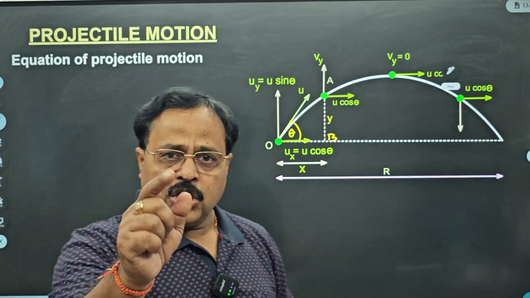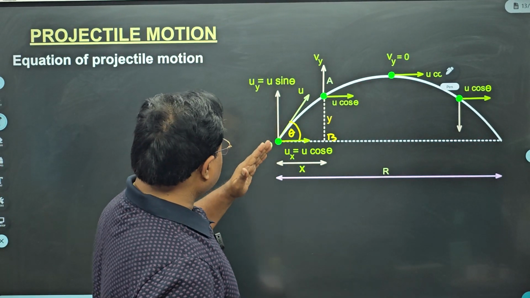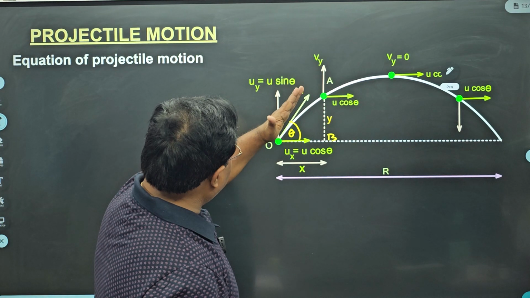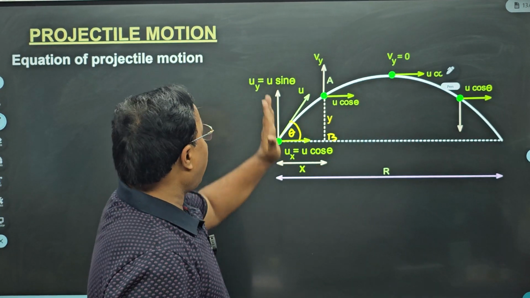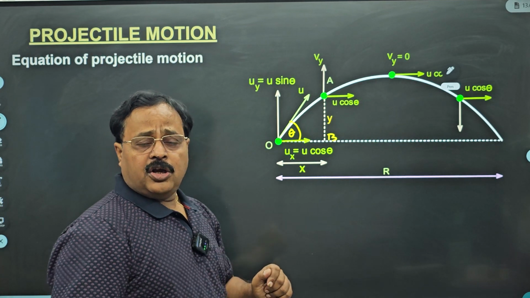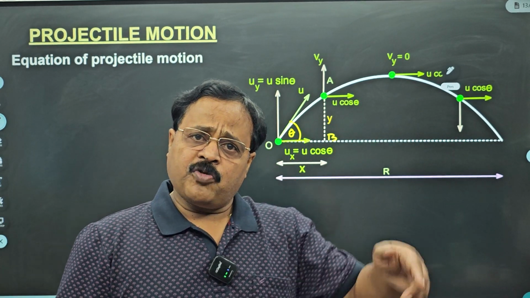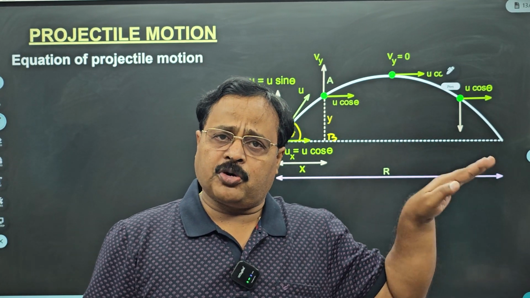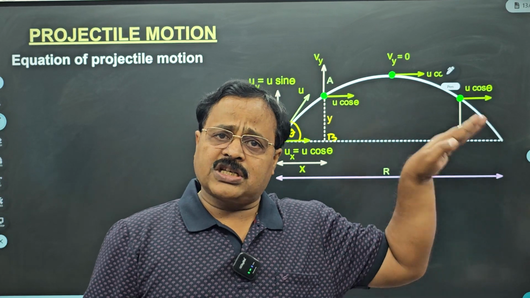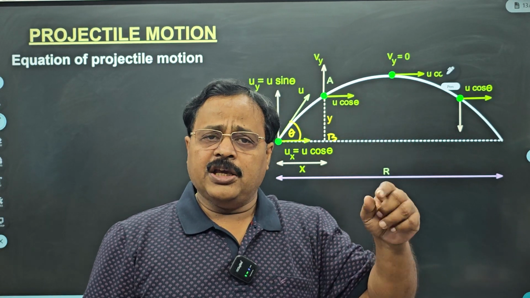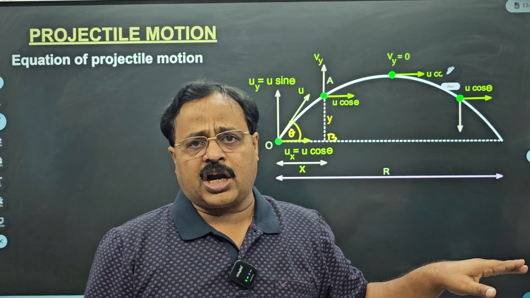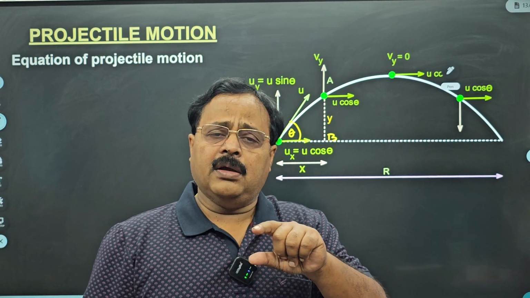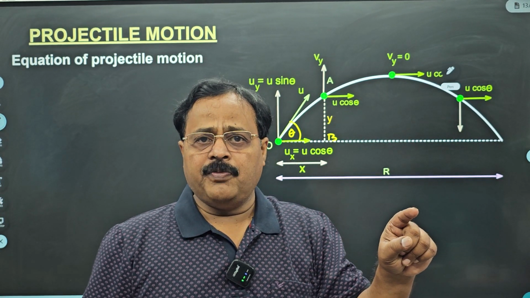My dear students, in projectile motion, the speed of projection is u, the horizontal component of speed is u cos theta, and the vertical component is u sin theta. I had already discussed in my first class that the horizontal component of velocity in projectile motion remains constant. If you do not know why, go through my first video on projectile motion.